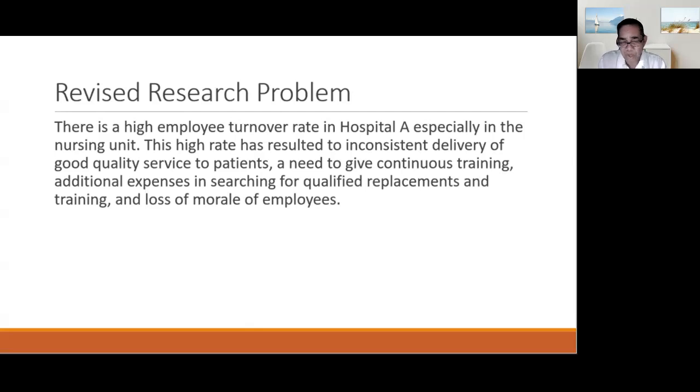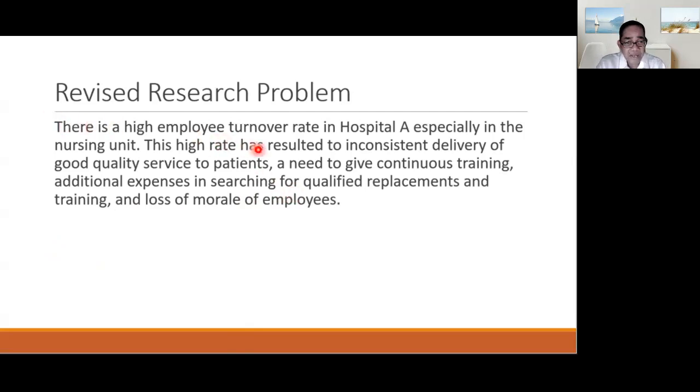As a matter of fact, we don't have to really give details as to the meaning of the statement of the research problem, because it means exactly what it says. Statement of the problem. Nothing else. So this nurse was able to revise the statement of the problem.